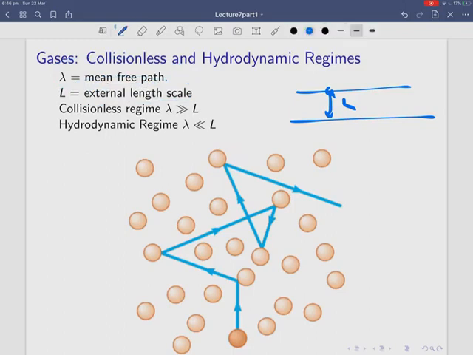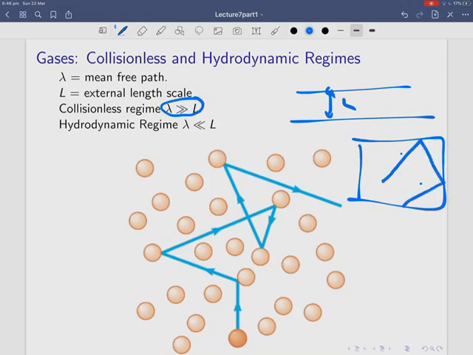There's the collisionless regime, where the mean free path is much larger than your box size. So basically, what happens is, if I only have a couple of molecules here, these molecules will undergo a walk like this, and they will traverse the box many times before they undergo a collision. Okay, so that's typical if you have a very, very rarefied gas.